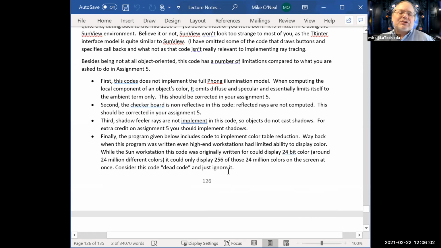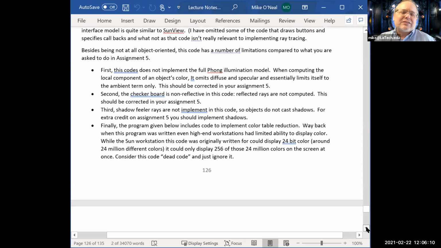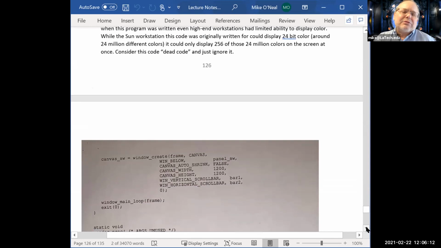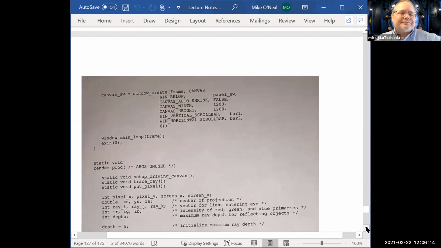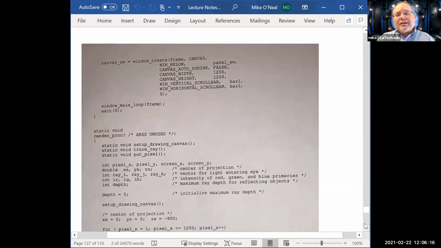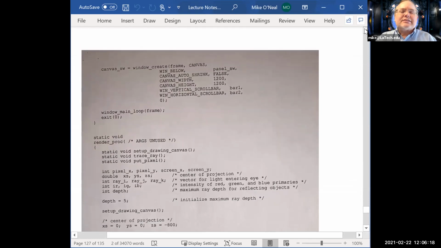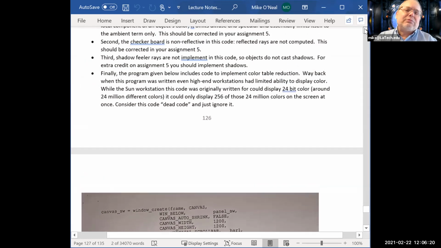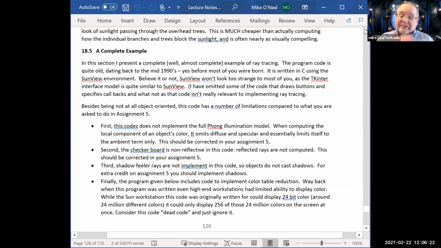And so the machine I built this on was limited to 256 different colors out of a palette of 24 million that it could show, and so I had to do some fancy work to be able to do it. The other thing is, this is god-awful code, which is probably why I'm not going to include it in the end.